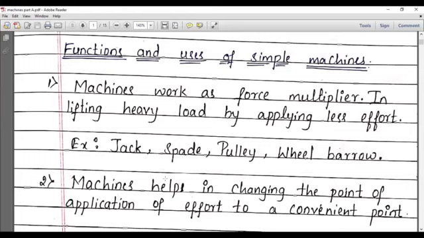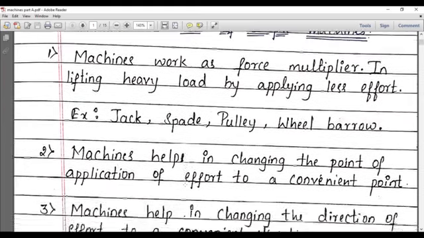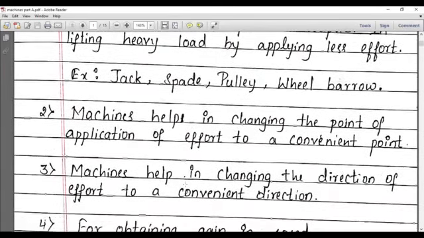Second function of simple machines: machines help in changing the point of application of effort to a convenient point. The rear wheel of a cycle is rotated by applying effort on the pedal attached to the toothed wheel, which is joined to the rear wheel with the help of a chain. Thus, the point of application of effort is changed from pedal to rear wheel.